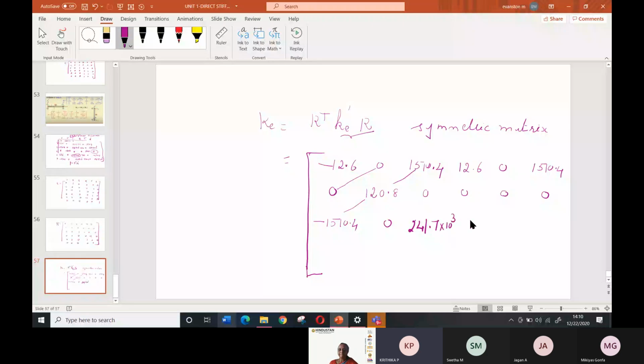Then 1. Then, ma'am, 1510.4. Ma'am, 1 will not come, ma'am. Third row, fourth column, 1 will not come, ma'am. Previous value, ma'am, 1510.4.